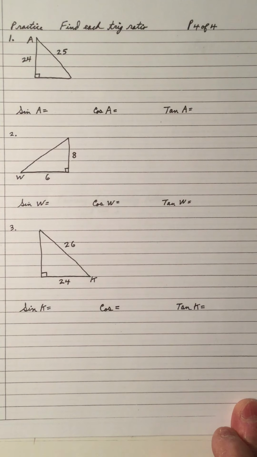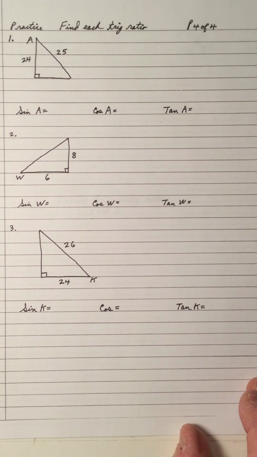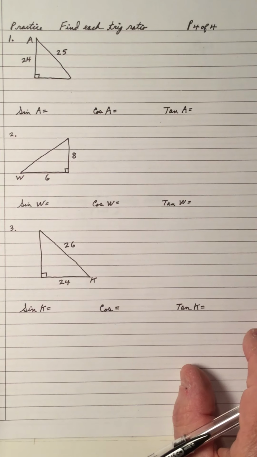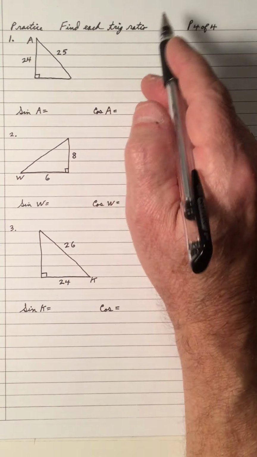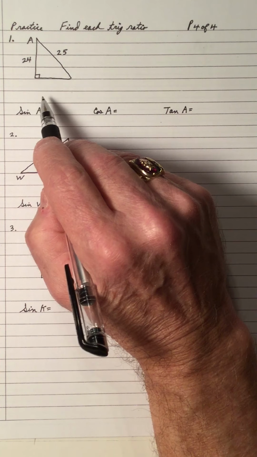Okay, let's continue. Practice means you have to work out these ratios and see what you're going to have. Okay, here we go. Practice. Find each trig ratio.